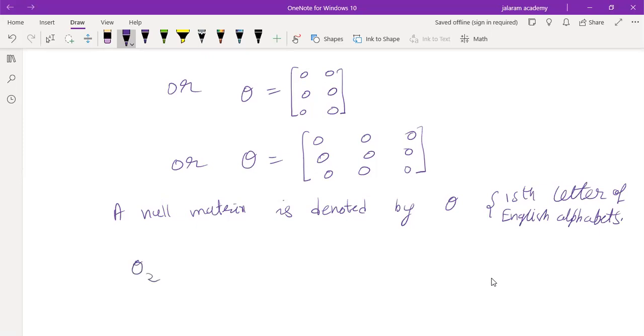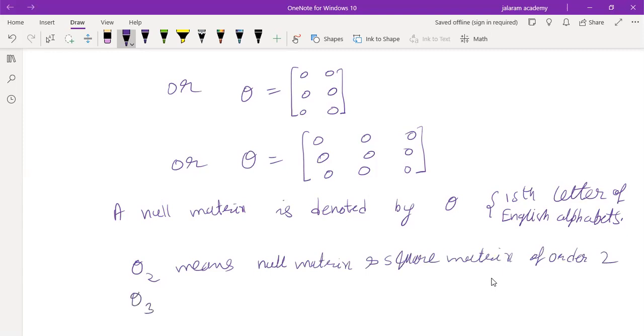O2 means oxygen. No. O2 means null matrix, or we can say null matrix of order 2 cross 2. It means null matrix and square matrix of order 2. And O3 means not ozone.